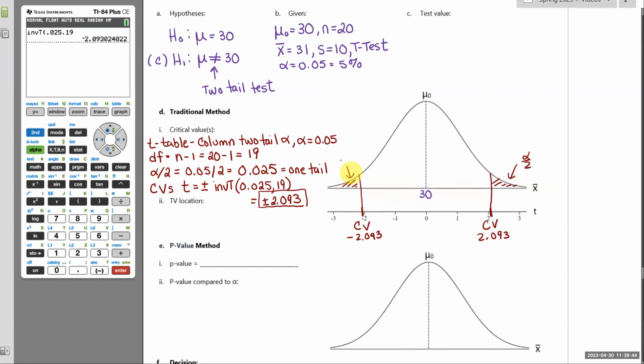So half of alpha on each side, left tail, right tail. And that creates two critical regions, those z-scores to the far left and those z-scores to the far right. And I just said z, very sorry, t. The t values to the far right, the t values to the far left.